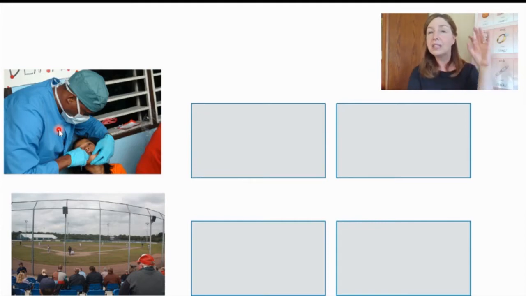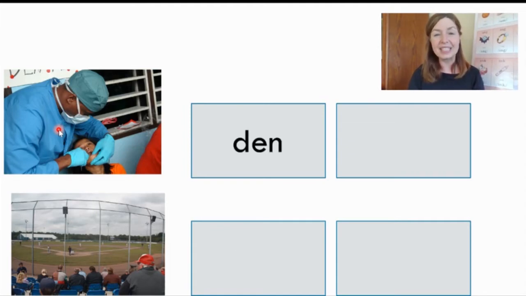Let's tap it out. Den. Write down the sounds you heard in the first part, and then check and see how you did. Did you get it? Great, let's move on to the second part of the word, tist. Let's tap it out. Tist. Write the letters you heard in the second part of the word. And check it.